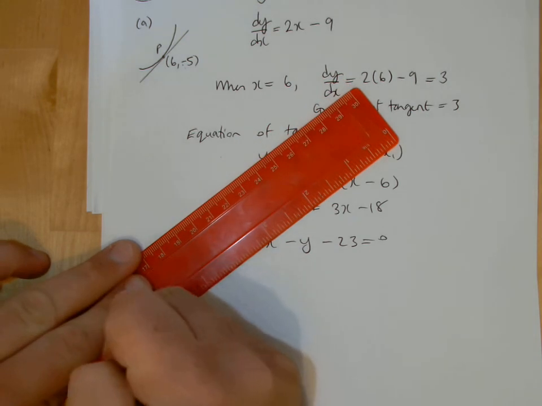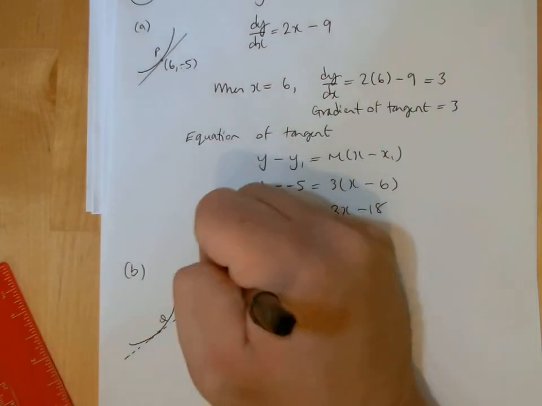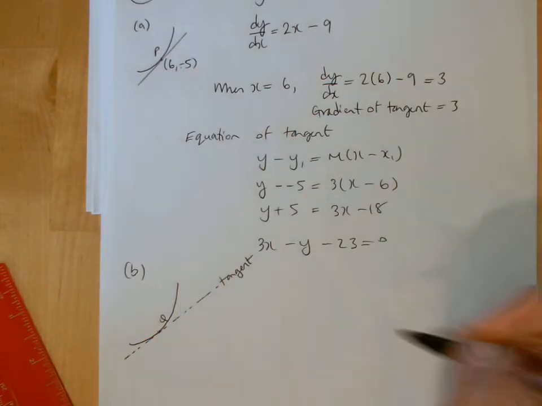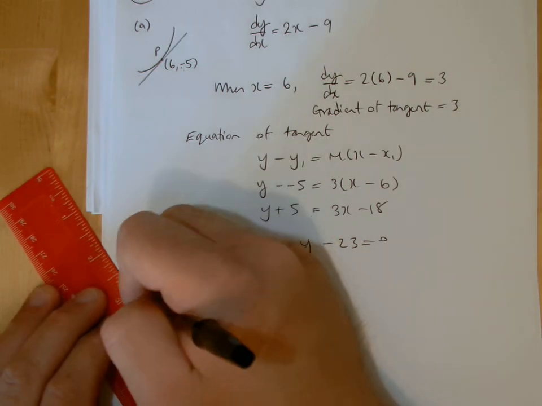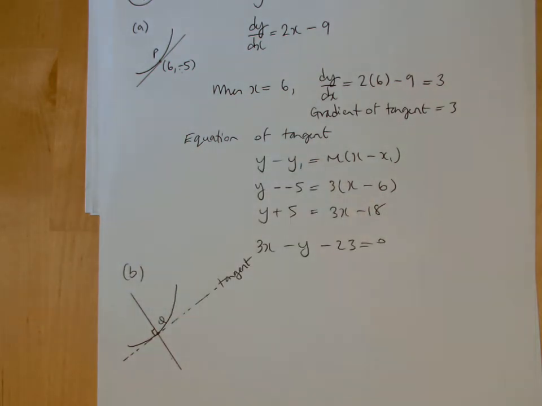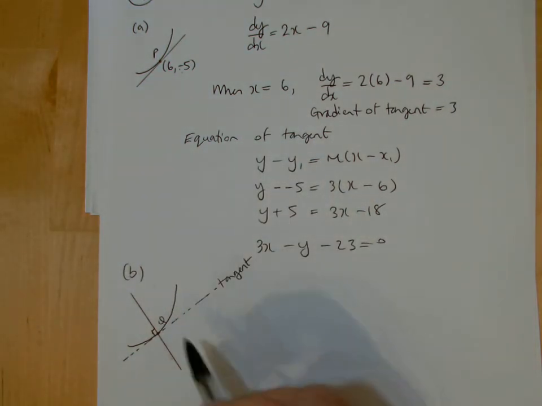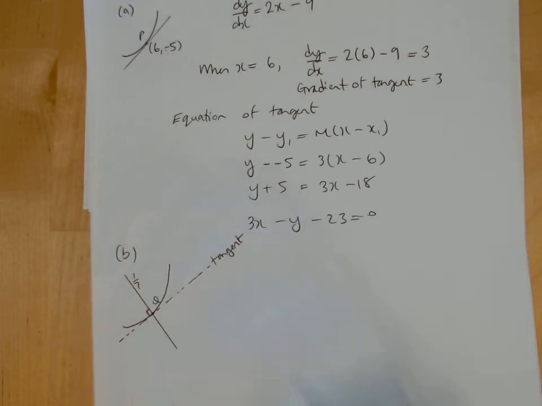So if I draw the tangent in first, maybe with a broken line, that's my tangent. The normal, of course, is at right angles to it. So I know it says that the gradient of this normal is 1/7.